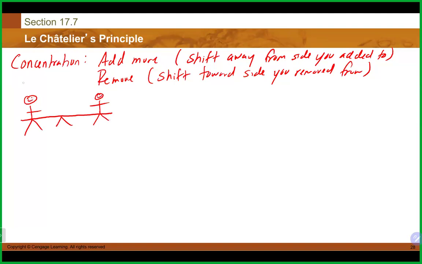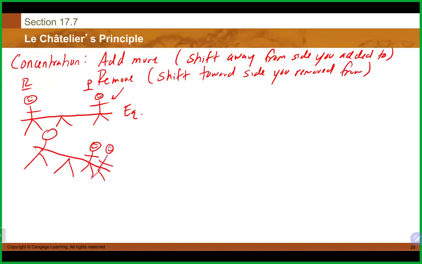So if we have a system that is at equilibrium and we're all happy, and somebody does hop on, say, onto this product side here, we're going to get this situation. Now we're clearly out of equilibrium.